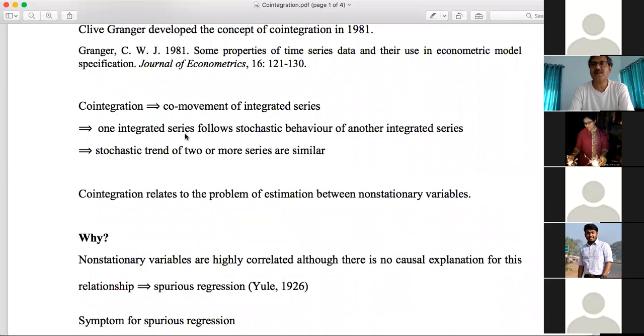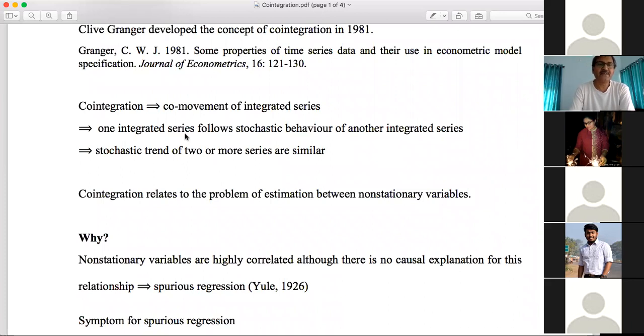If the time series variables follow a similar stochastic trend, they will be called co-integrated. Clear?